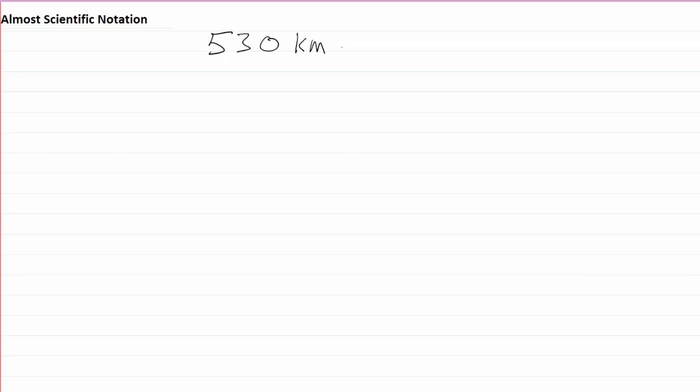Now the metric system has ways of dealing with units and multipliers of those units. The m here would be meters, and when you have a unit like this, there's a prefix that can show up on that, and this prefix means kilo.